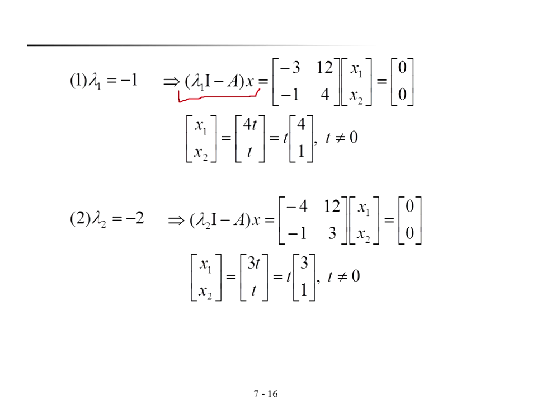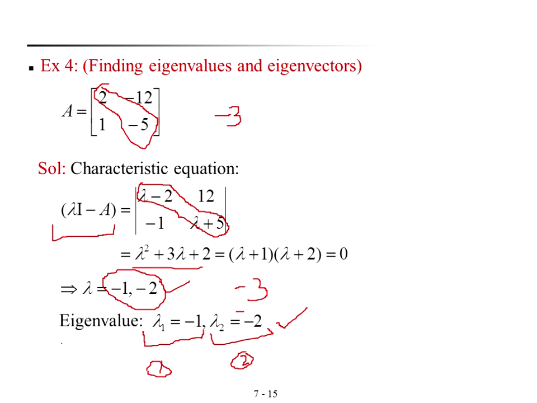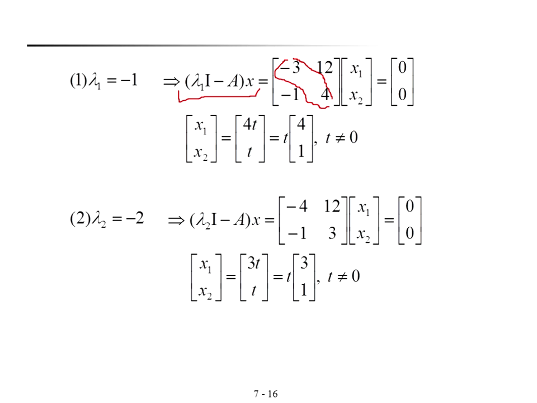So subtract the diagonal elements from lambda I, then we get minus 3 and 4 from the previous, as you see over here. Both are the same thing. So over here I will get the matrix with rows minus 3, 12 and minus 1, 4, multiplied by x1, x2 is equal to 0.